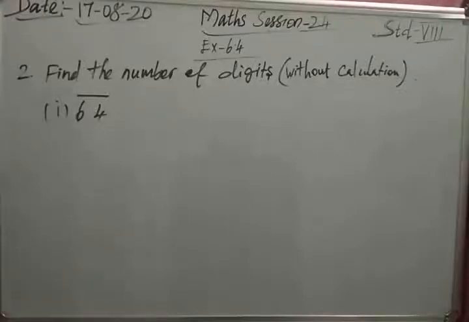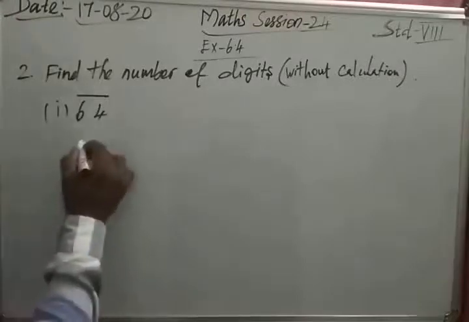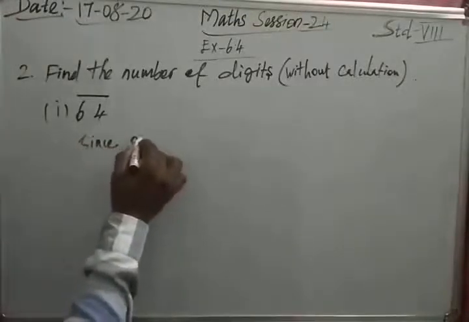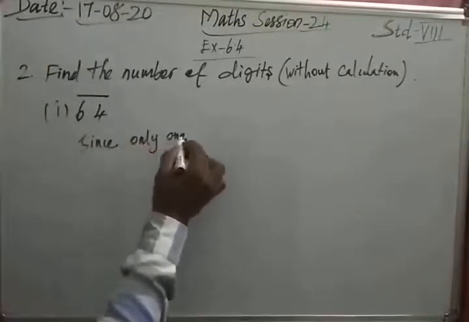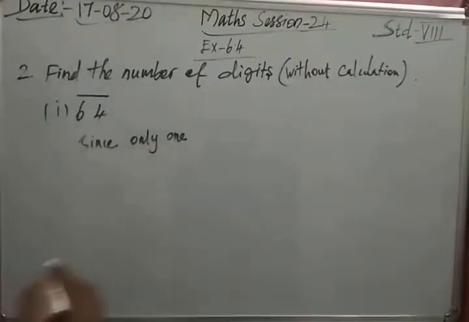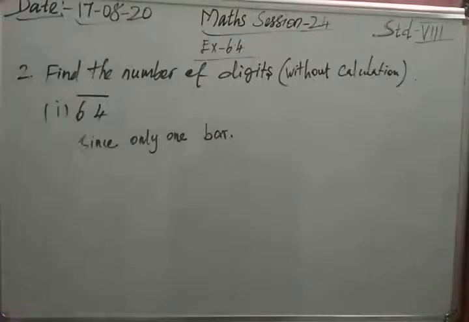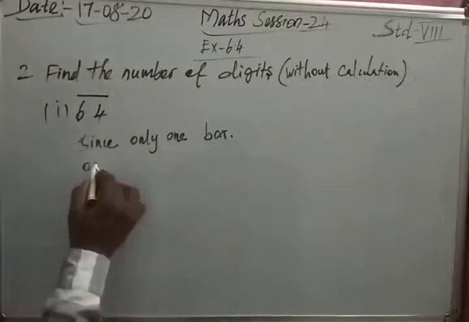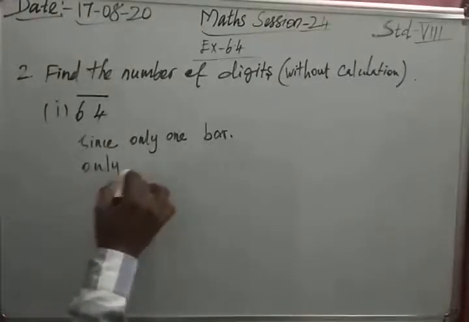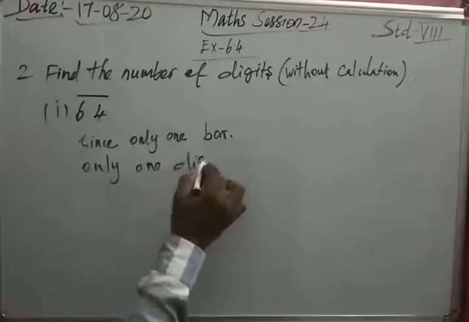Since only one bar is there, the square root of 64 will compulsorily be a one-digit number.